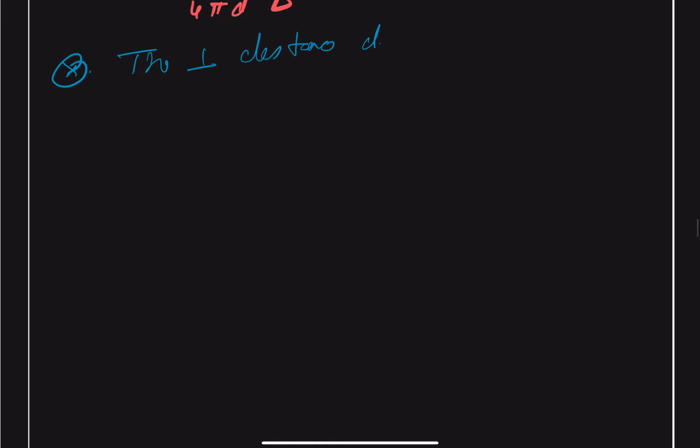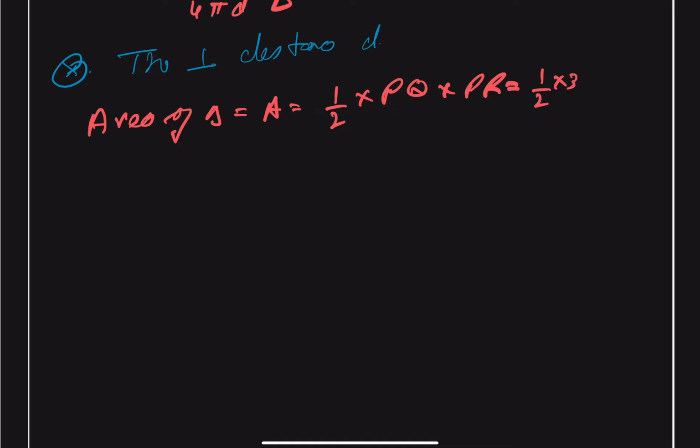We know that the area of triangle A is half into PQ into PR, which is half into 3x into 4x.